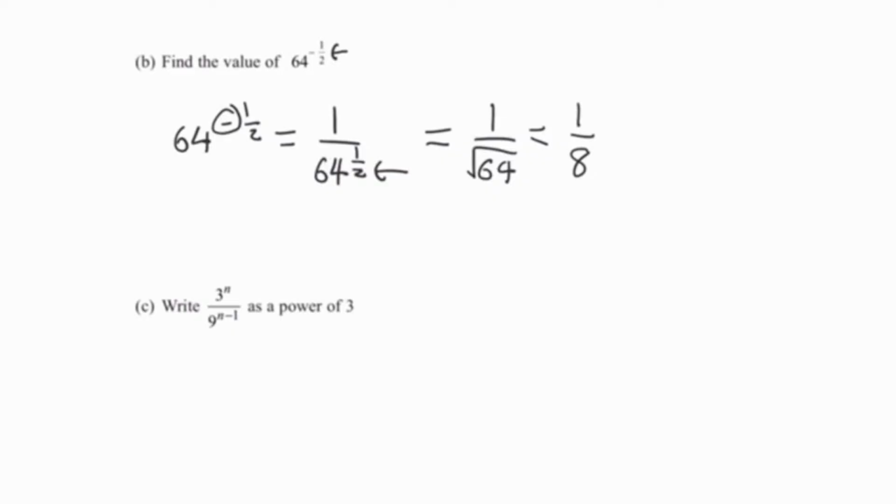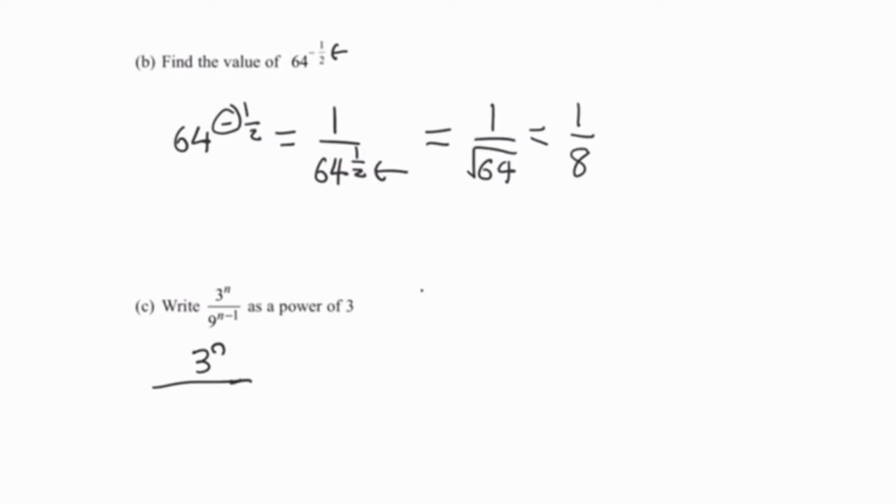Looking at this next one, we have write this thing as a power of 3. So how do we do this? Well, if you notice, the top is already 3 to the n, but the bottom is written as a power of 9, so we need to fix that. So how can we change 9 to 3?